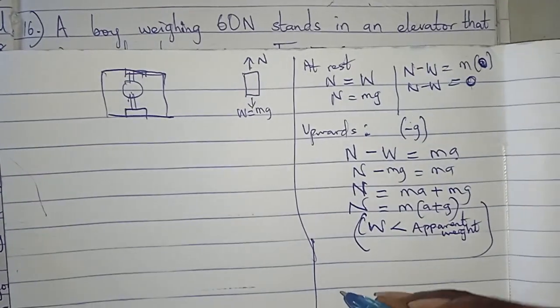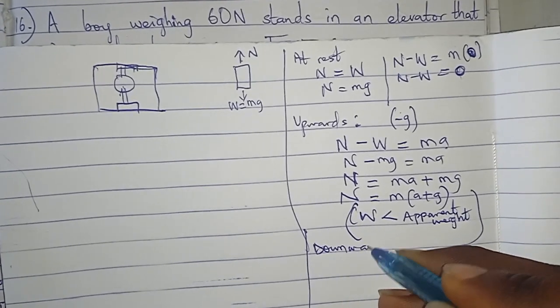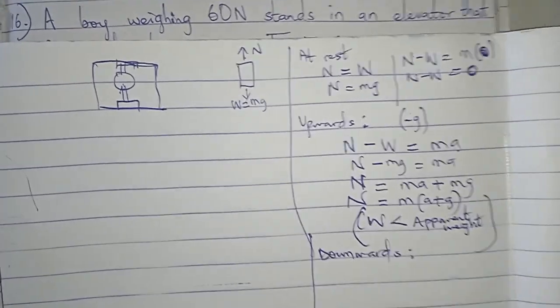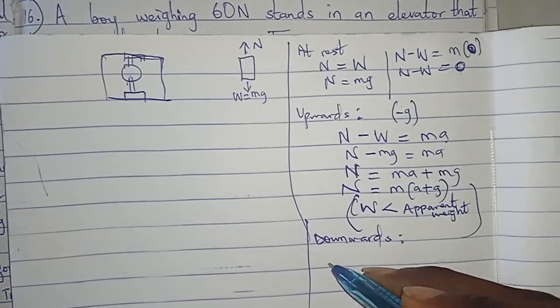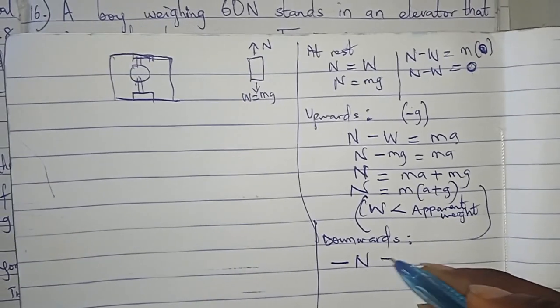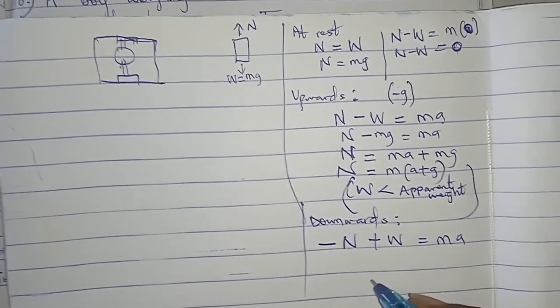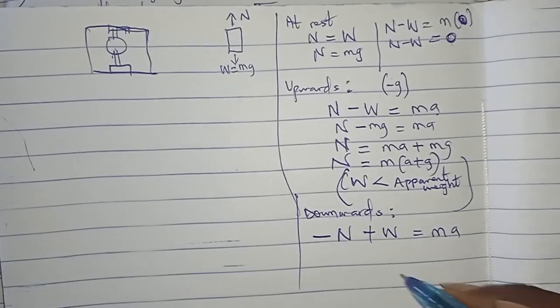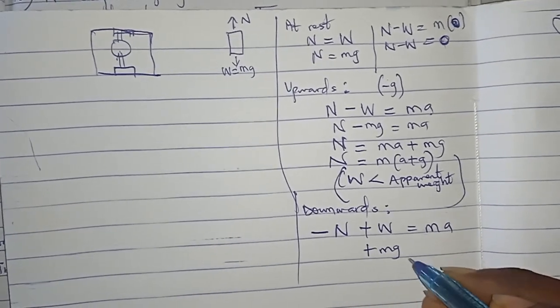Now downwards, whenever a body is coming downwards, it means that gravity is in charge. Gravity has overcome it. So for that reason, N will be minus, W will be positive, equals ma. There's acceleration there, movement. Always think of acceleration as movement. So minus N plus mg, weight means mg.